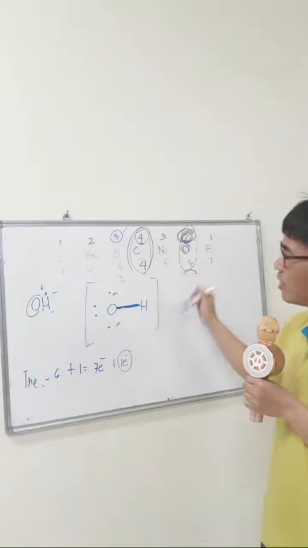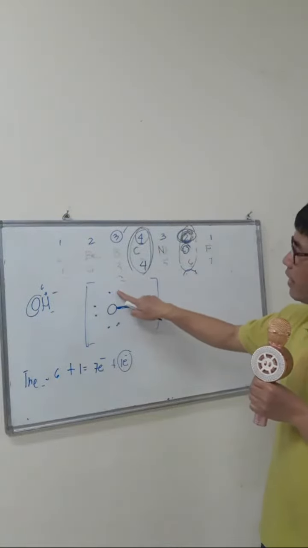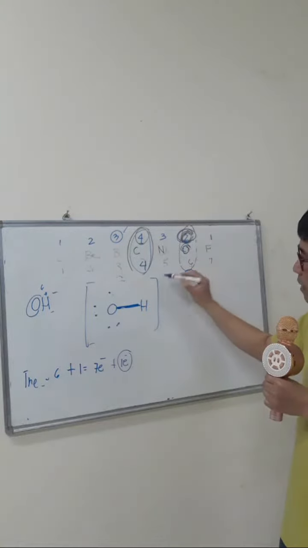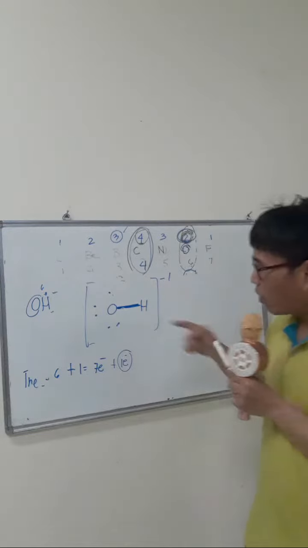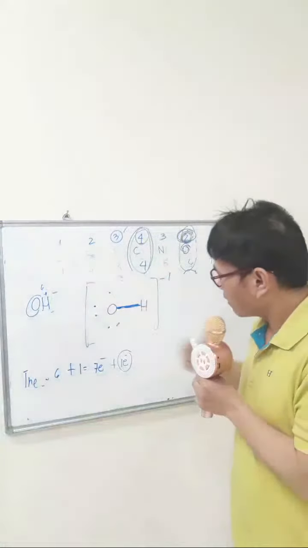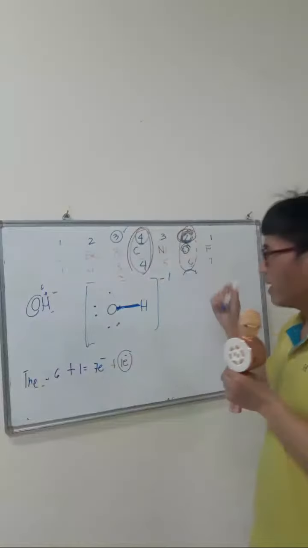Now, since you have a positive 1 electron, then positive 1 is added. When it goes outside, it will become negative 1. That's why you have 1, 2, 3, 4, 5, 6. So meaning to say, minus 1.